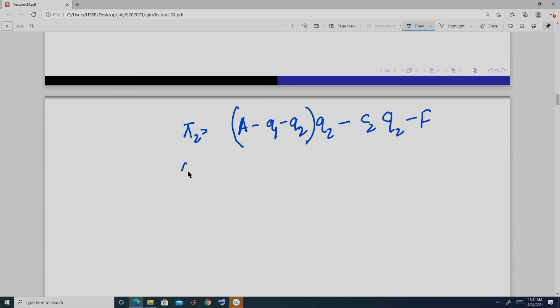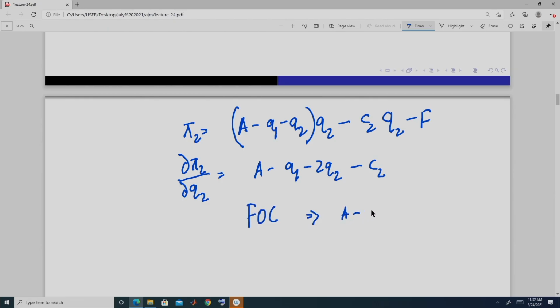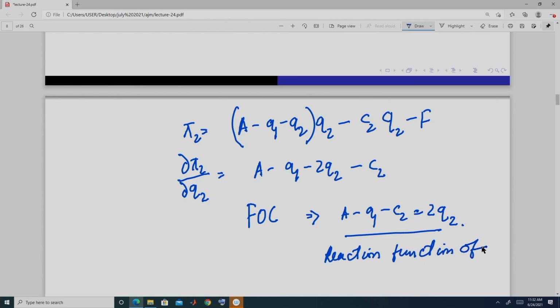This is the profit, and this function is differentiable. So, we take the partial derivative with respect to Q2, and the first order condition for maximization gives the reaction function of firm 2.